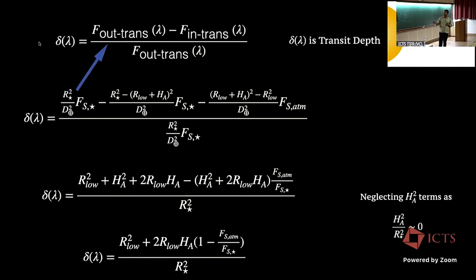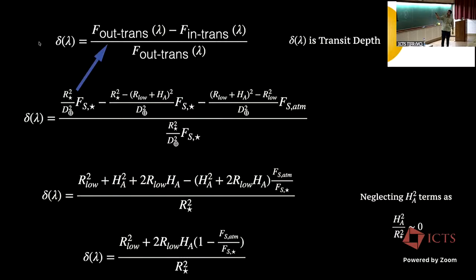The second term is the amount of light that would have filtered through the planet's atmosphere. Suppose this is the atmosphere. Some amount of light from the star is filtering through the planet's atmosphere, and that is what we are capturing using our telescope here.